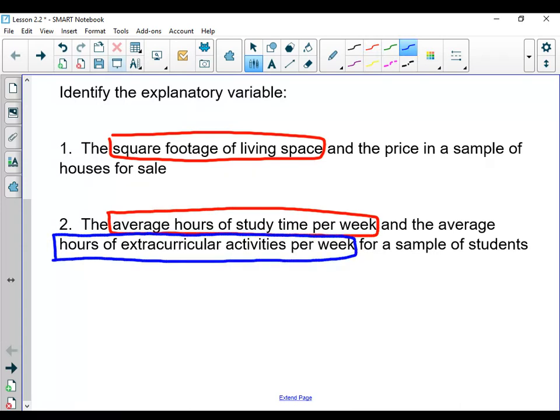So there are some situations, not very many, where there's no definite X and Y. Sometimes they can be flip-flopped and you're still going to be okay. The first one probably not so much, but sometimes the explanatory could actually fit either of the variables.